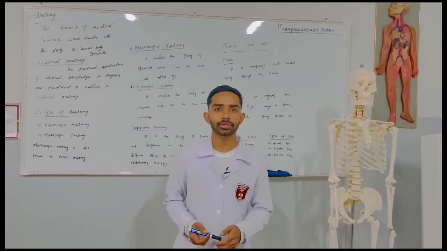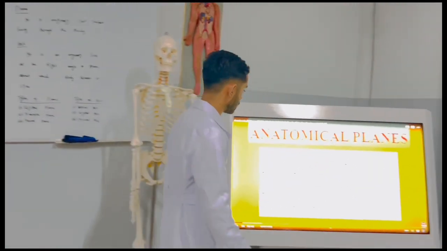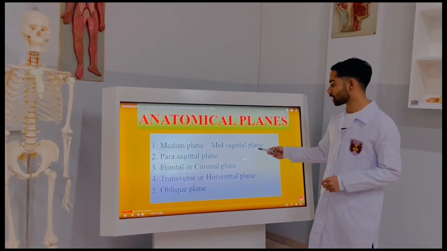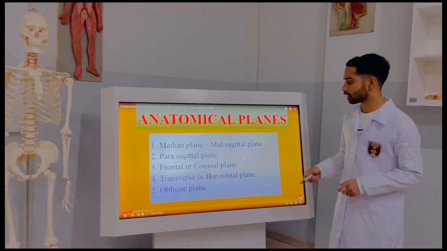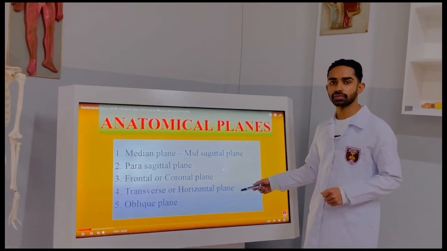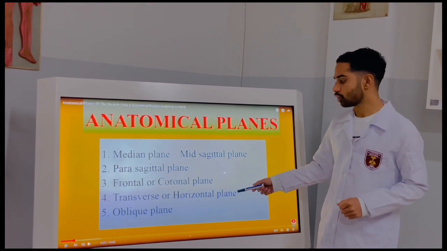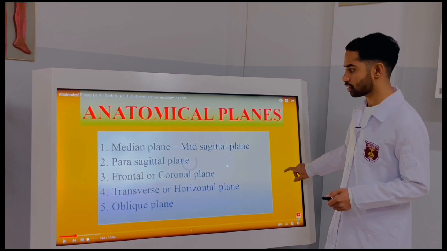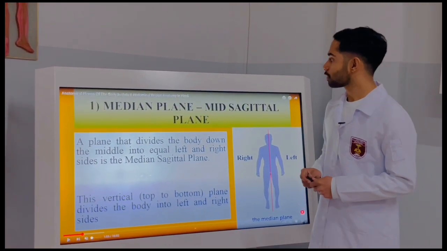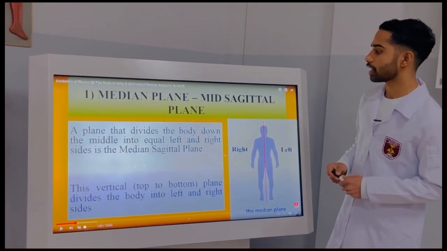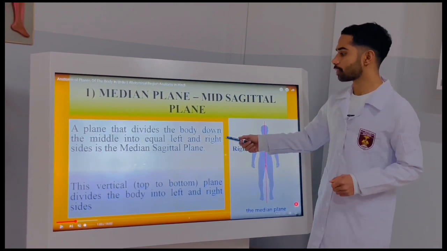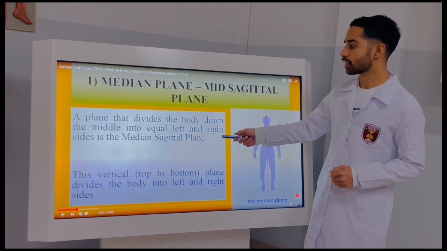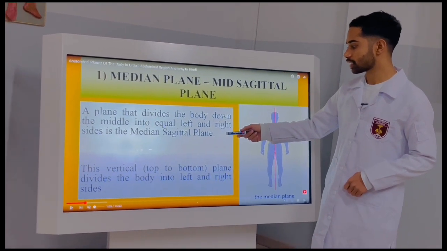Then we talk about planes: median plane or mid-sagittal plane, parasagittal plane, frontal or coronal plane, transverse or horizontal plane, oblique plane. The median plane, or mid-sagittal plane, is a plane that divides the body down the middle into equal left and right sides.